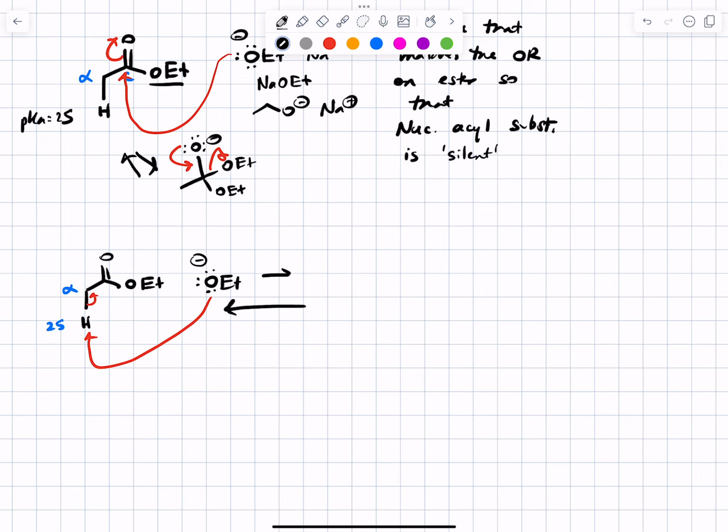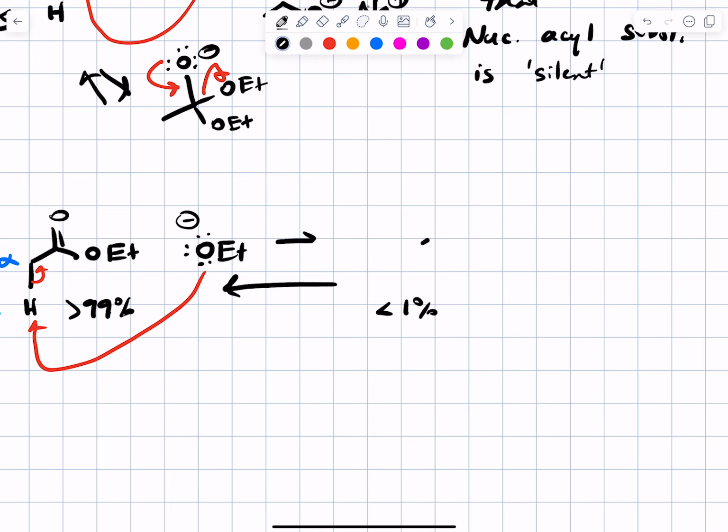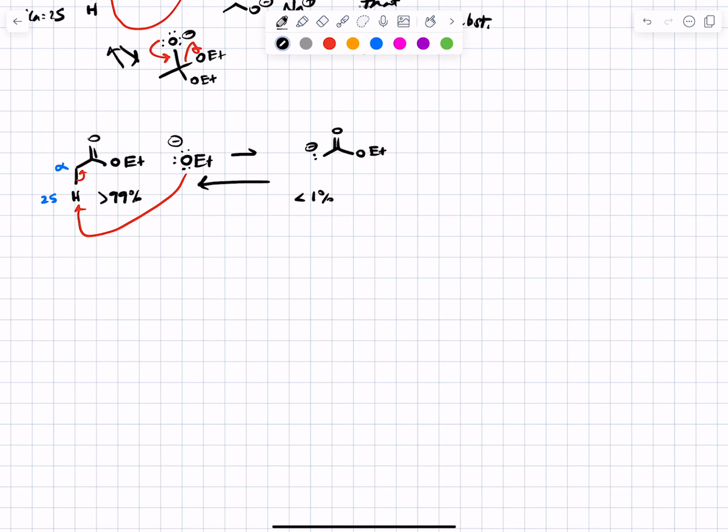So, you know, it's going to make way less than 1%, and more than 99% of our material is going to be the ester. Here's the enolate of the ester. So when we do the Claisen reaction, we're going to have the enolate attack the ester.